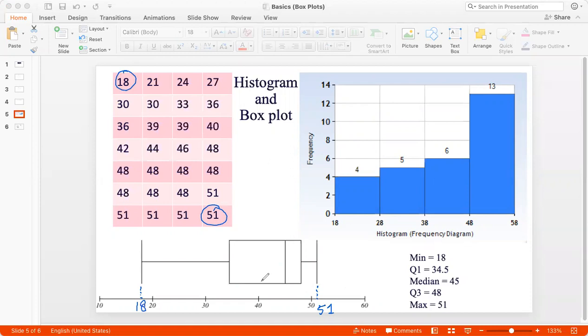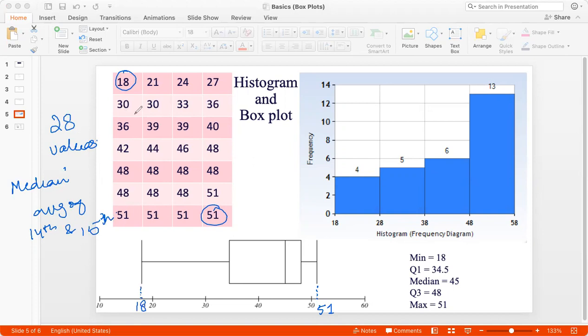Okay, how will my box look? So the first thing I notice, how many values are there? 1, 2, 3, 4, 5, 6, 7, 1, 2, 3, 4. So there are 28 values. If there are 28 values, then my median would be the average of the 14th and 15th values.